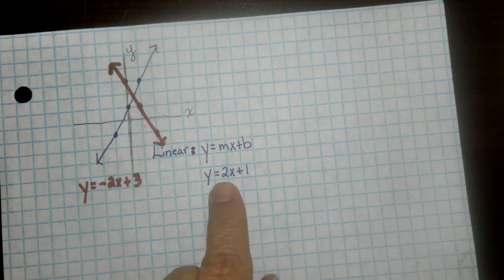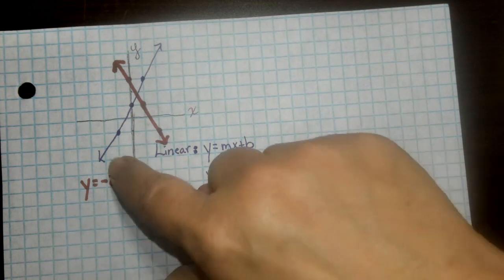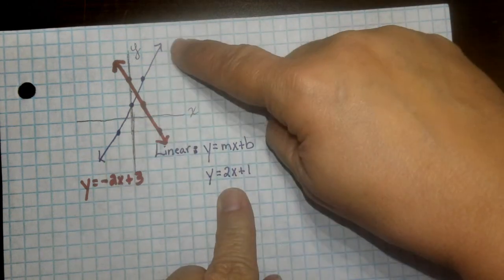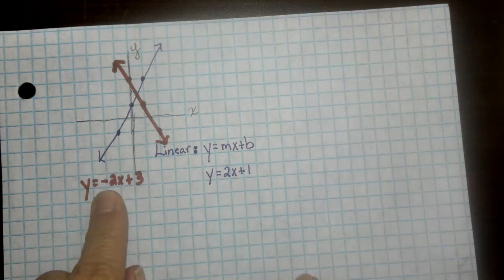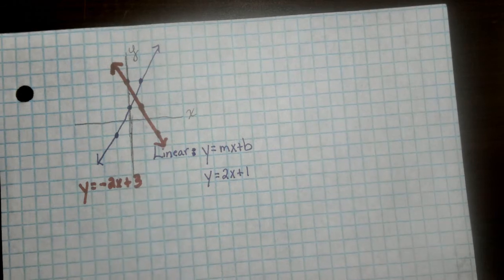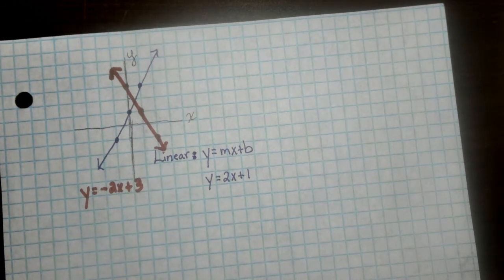So when my slope is positive, my graph goes up. This is called increasing. And when my slope is negative, my graph goes down, decreasing. So that's a linear function.